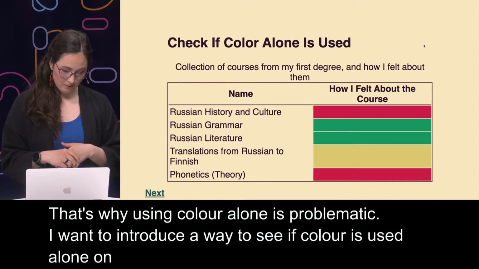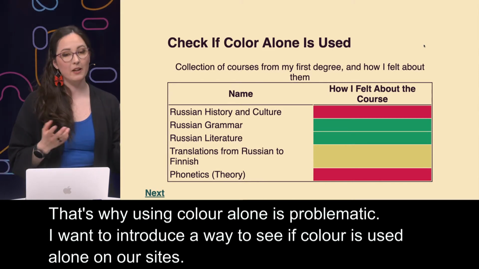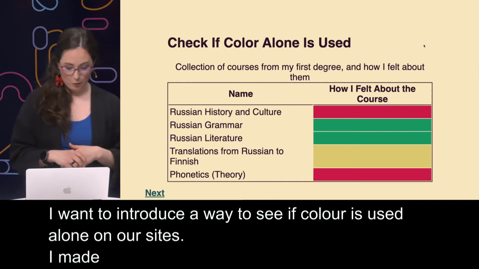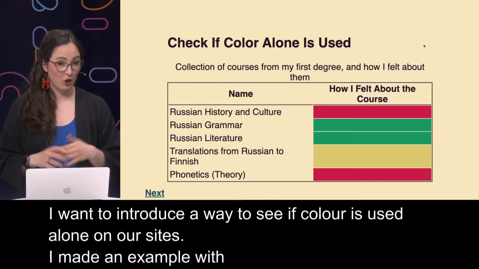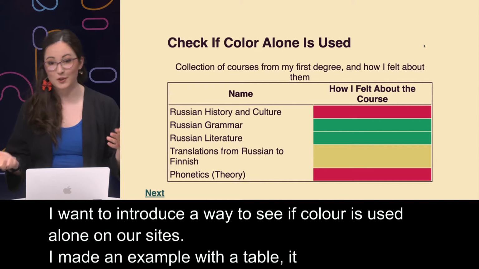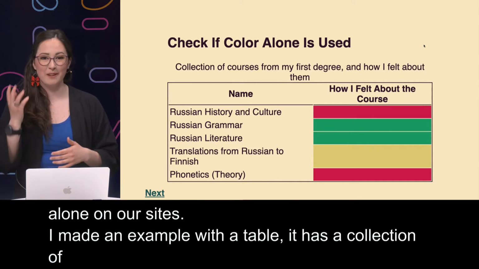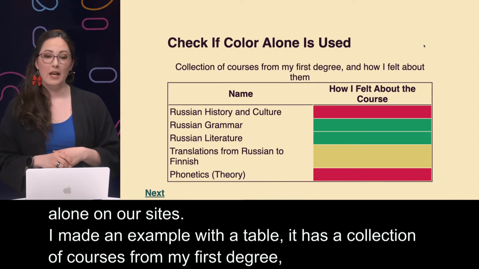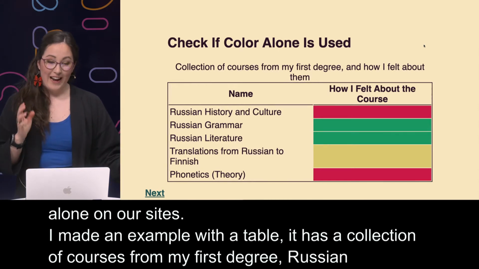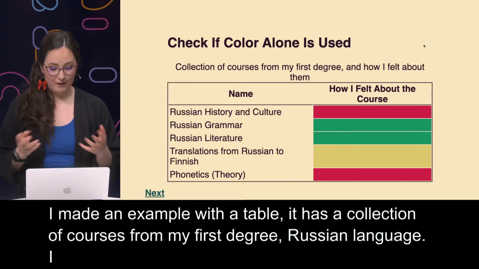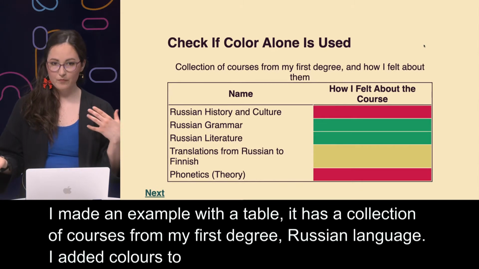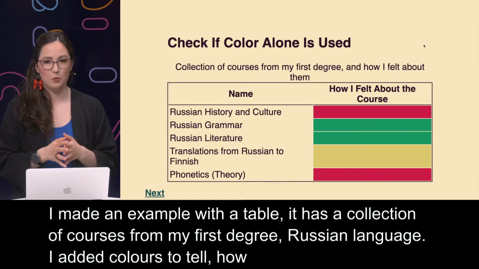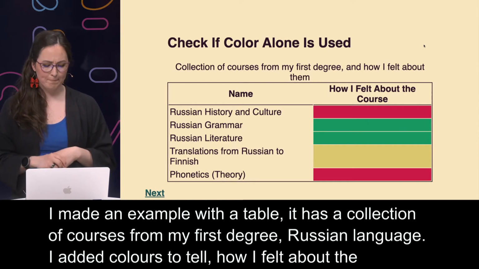For example, I made an example here with a table which has a collection of courses from my first degree. So it was Russian language and culture, as Milja mentioned in my introduction. And I've added colors to tell how I felt about the course. These courses were in the first year I was studying.